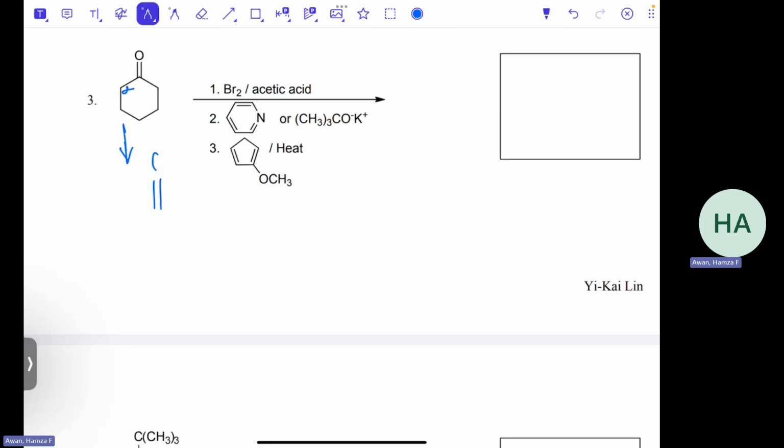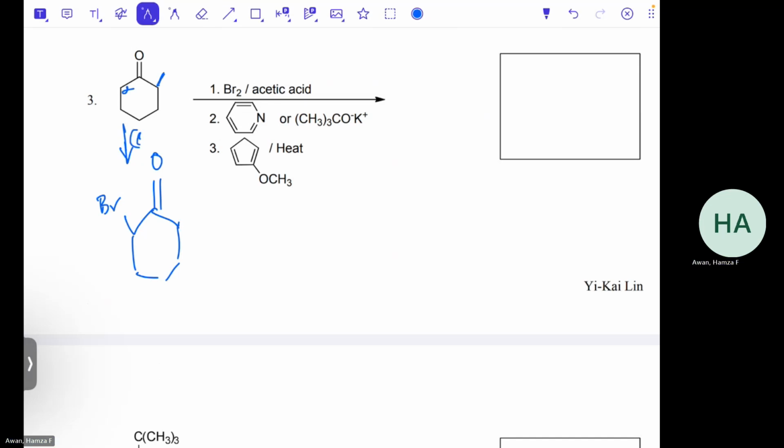If one side was more substituted, like if it had a methyl group, then it would go on to that side. So if there was another side that had more substituents, say this was a CH3 right here, then the Br wouldn't be on this one, and it would actually go to the right, like this. So make sure to be careful about that.